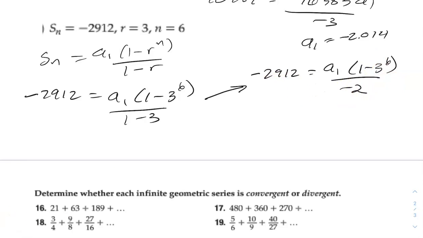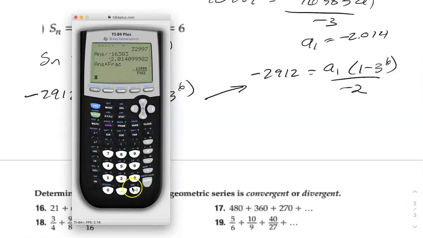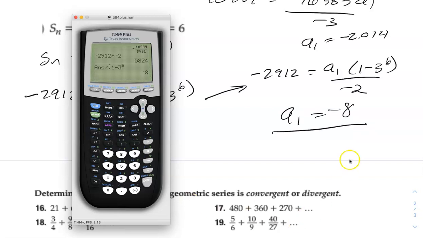I'm just going to do it all on the calculator this time. Negative 2912 times negative 2, then we're just going to divide by this guy. So you put parentheses, I meant caret, not that, caret to the 6. And I get negative 8. Much nicer. I must have made a mistake on the first one, but I'm not going to go back. Anyway, A1 equals negative 8.